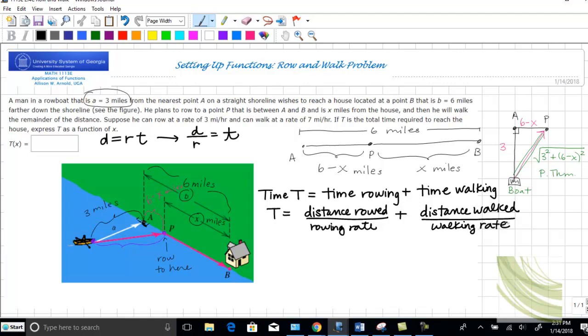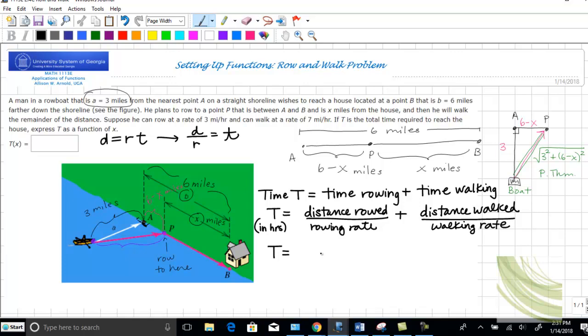Okay, and that would give us time elapsed. So again, time is in this case going to be in hours because both of my rates are given in hours. The distances are in miles.